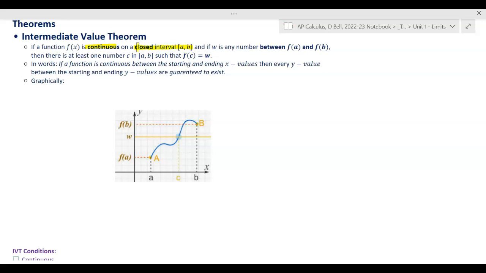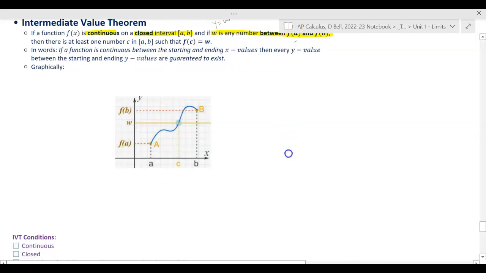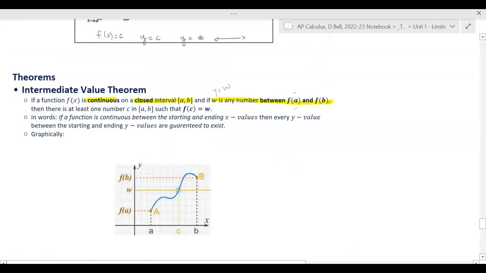And if w is any number between f of a and f of b, those are y values. Remember, f of a is a y value. It's actually the starting y value in this case, and f of b is the ending y value.